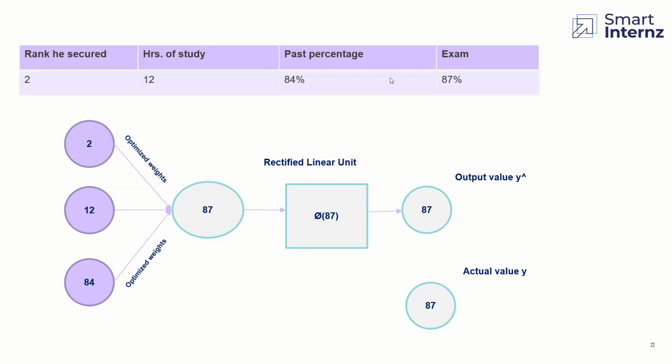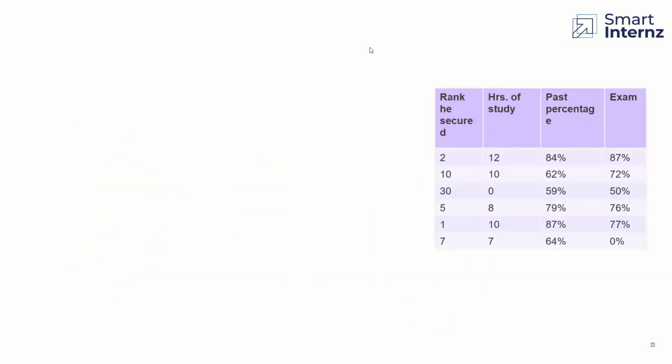Yes, there is bias also. Bias will be added in this case, and based on that, it will be applied into this function. Now, what is the solution for that? Suppose we have different types of data and we need to predict those outcomes.